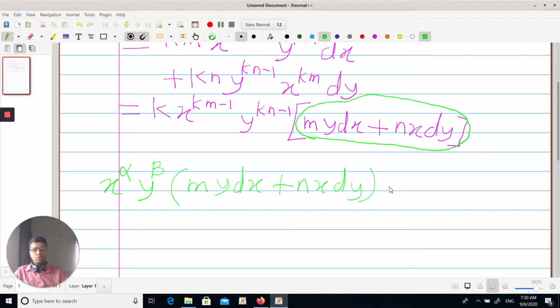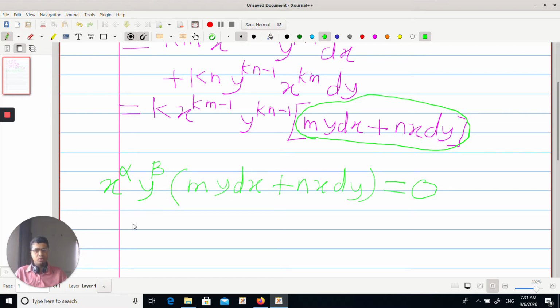So how to find the integrating factor in this case? We know that the equation of the form k x raised to km minus 1 y raised to kn minus 1 into my dx plus nx dy is exact. So we convert this equation by multiplying by a suitable factor.